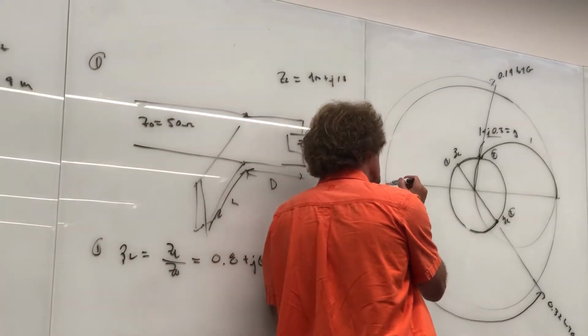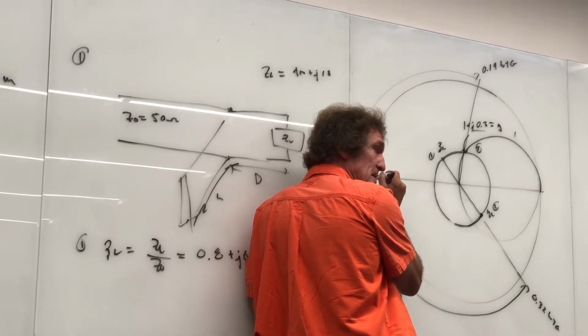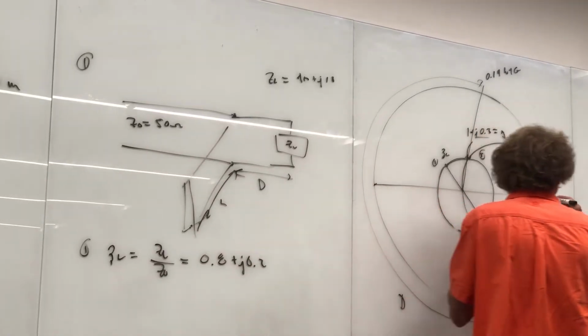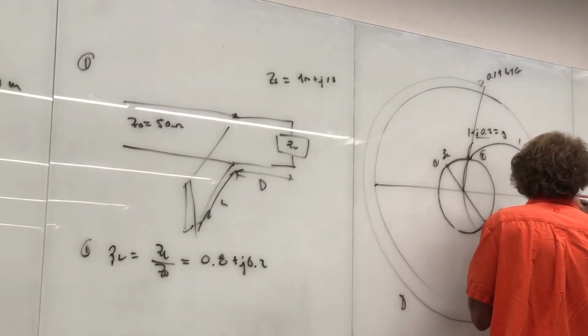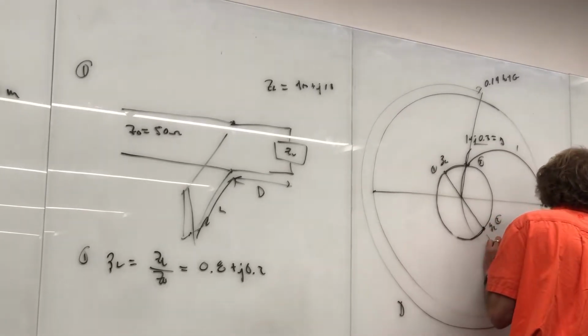So the impedance of the stub was 0, would start here, therefore the admittance of the stub would be infinite, would be right here. And this is the point of infinity, and it's also at 0.25 lambda wavelengths towards generator.